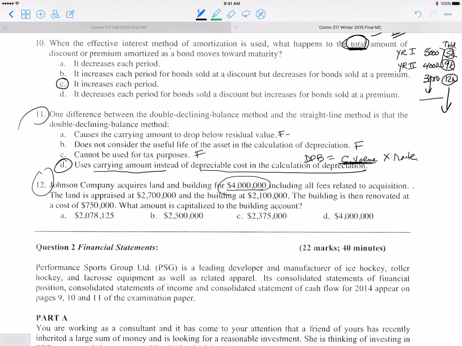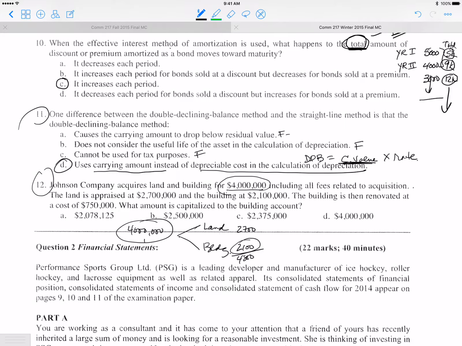So we spent $4 million. Some of that is for land and some of that is for building. The land has a fair market value of 2.7 and the building 2.1 million, so 4.8. But because of the historical cost principle, we can't book the building at 2.1 million.